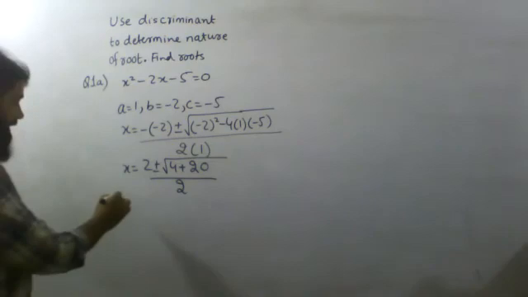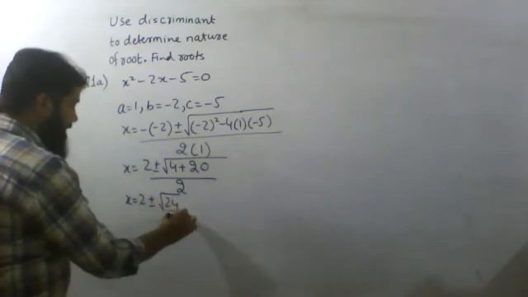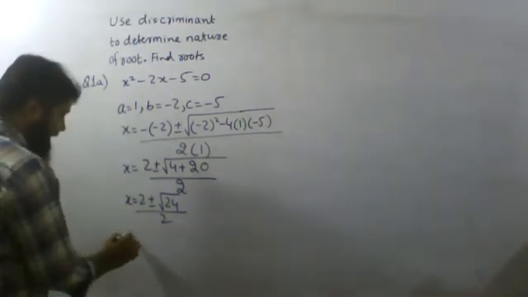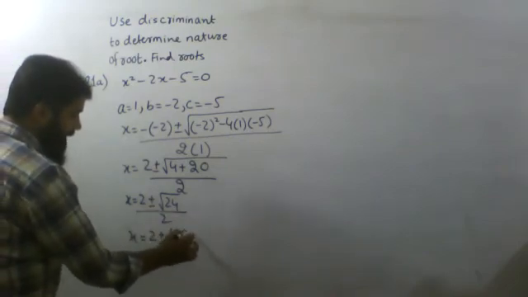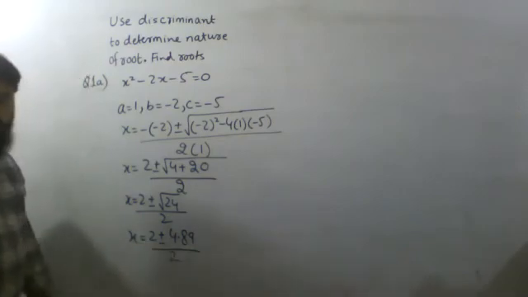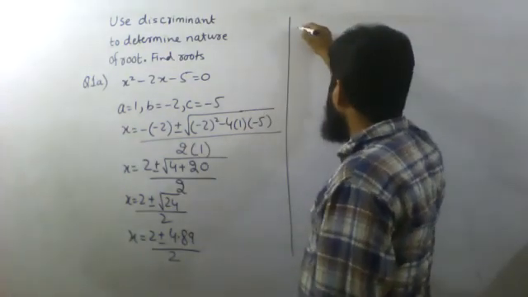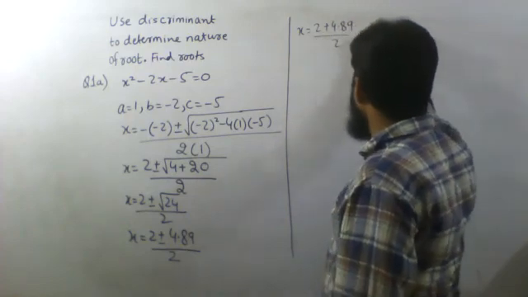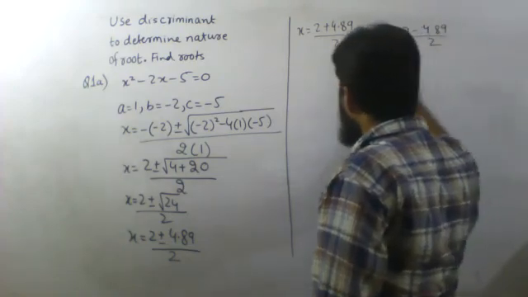Okay, simplifying it further, so x equals to 2 plus minus root 24 over 2, right? So after that, x equals to 2 plus minus root of 24, which will be 4.89, over 2. Okay, now in this one, either x is 2 plus 4.89 over 2, or x is 2 minus 4.89 over 2.